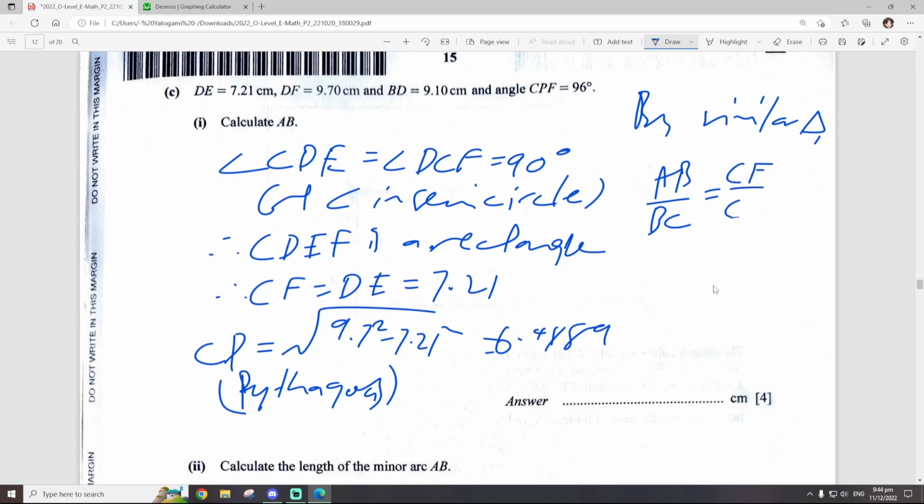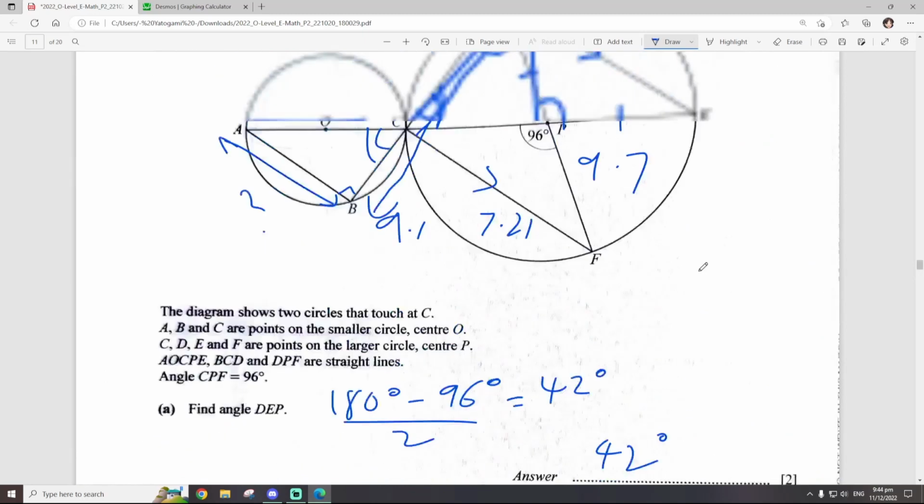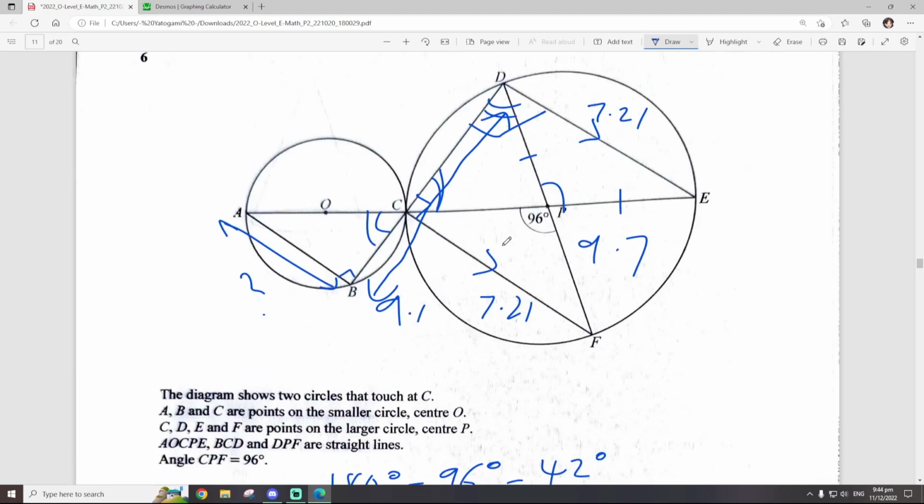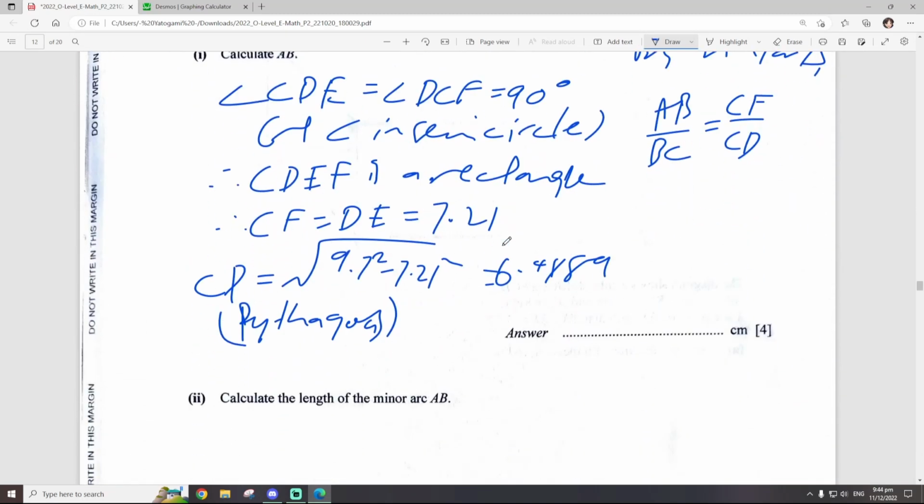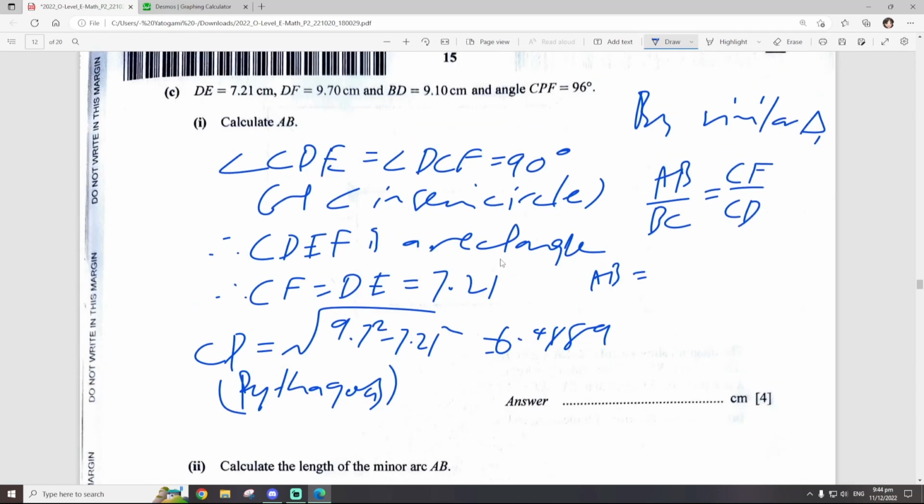CF over CD. Yeah. Okay. So one has AB. So we plug in the values now. CF is 7.21, right?